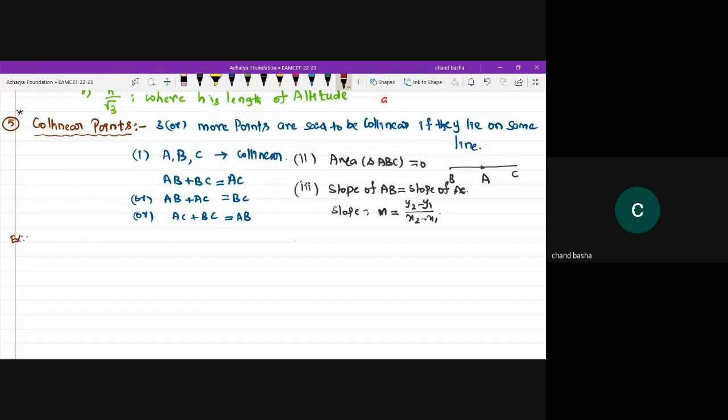Example 1: the points 0, 8/3, 1, 3, and 82, 30 are vertices of which type?